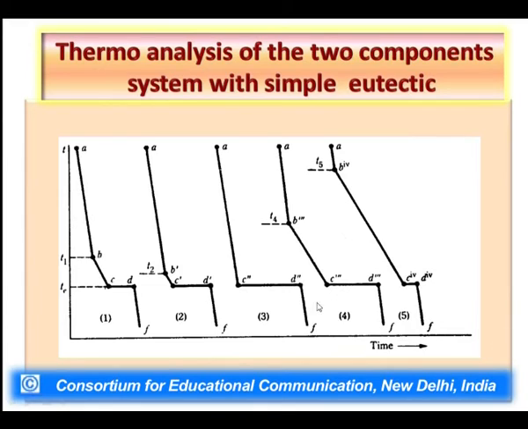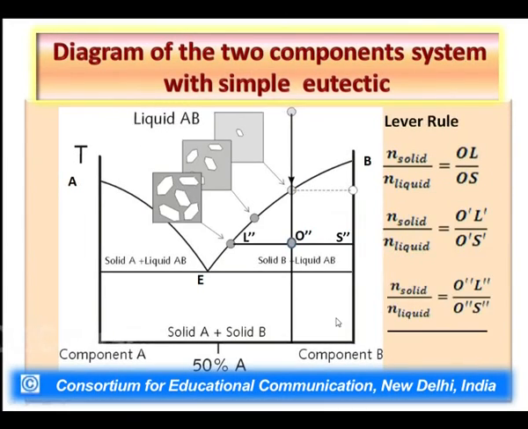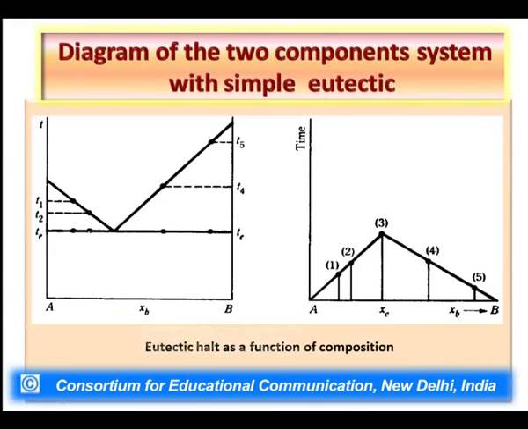So what I am trying to say is, if you plot the time during which constant temperature occurs against the composition of the overall system which you had taken. Suppose you had taken a composition of liquid mixture corresponding to this point, it will give you a lesser value of time for which constant temperature occurs, and you can see it over here represented by figure 5.